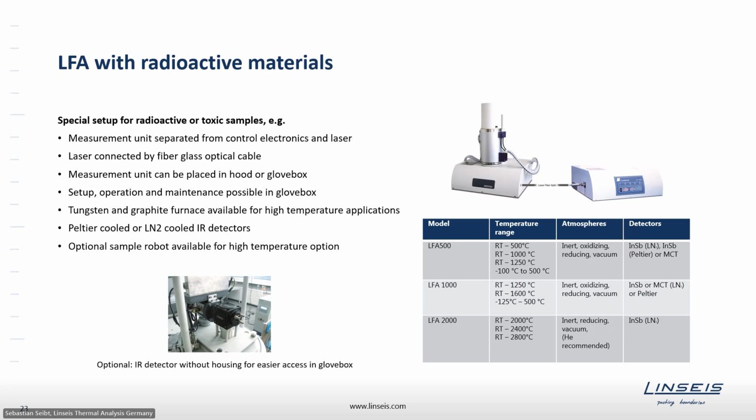So we also have an option which is thermoelectrically cooled, the so-called Peltier cooled detector, so that one does not need liquid nitrogen inside the glove box. Especially for the high temperature application, we still have a sample robot, so that, depending a little on the configuration, one can measure up to 3 samples at the same time, up to 2800 degrees Celsius.